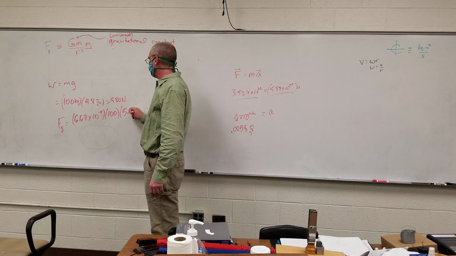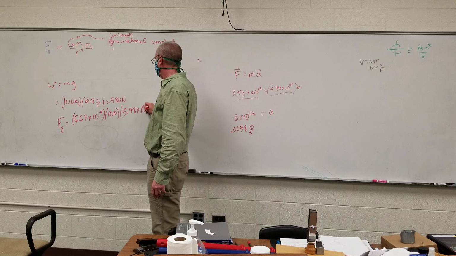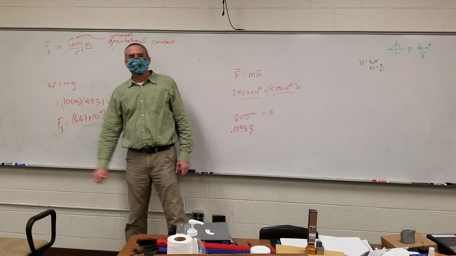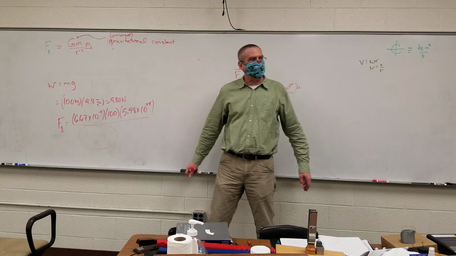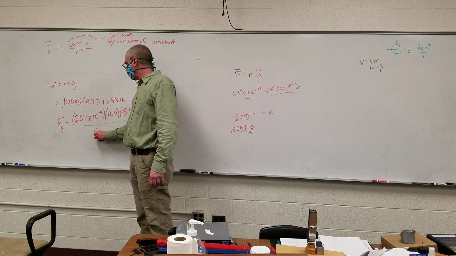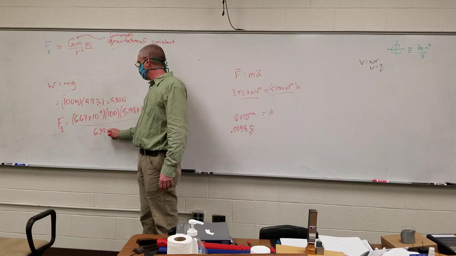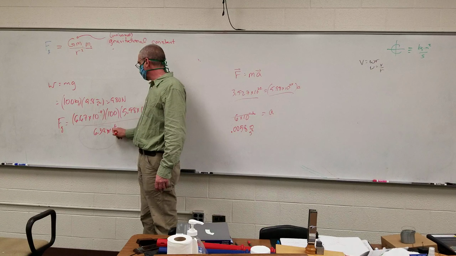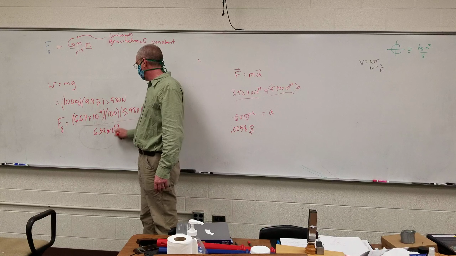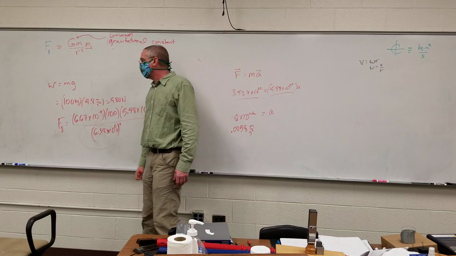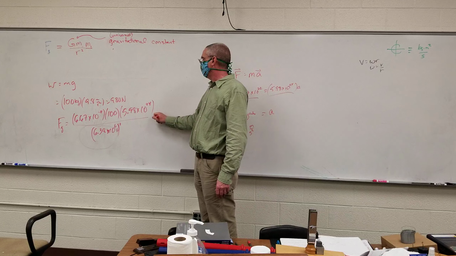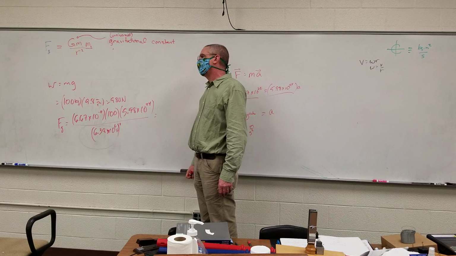Hold on. So how close are you to the center of the earth? I am 6.38 times 10 to the 6th meters away. So I'm not sure, but I think I got 3.98 and the 16 to the 6.